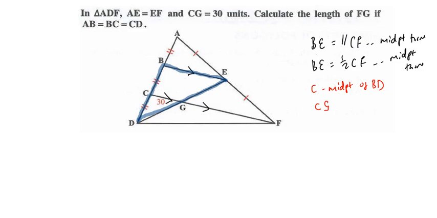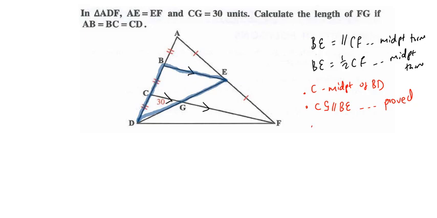And then CG is parallel to BE, but this one you need to write. It's already proved because CG is part of CF. We can write CF is a straight line if you want. You have one midpoint and a parallel line.